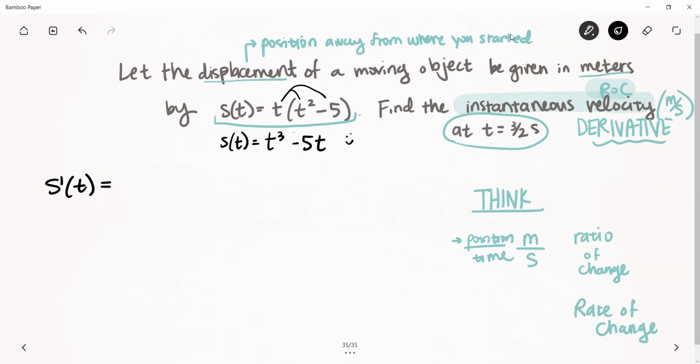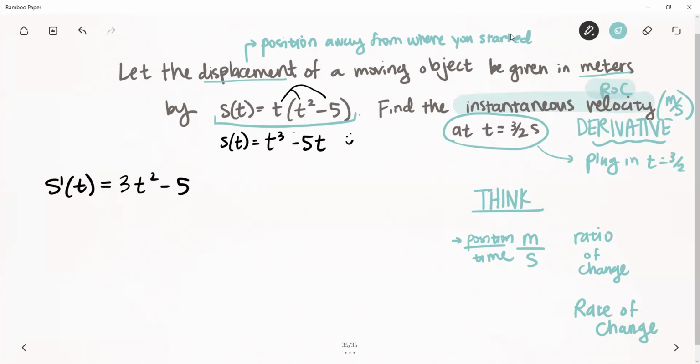All right, so my derivative of t cubed minus 5t should be 3t squared minus 5. So there's the general derivative, but again, I know I'll have to plug in t equals 3 halves.